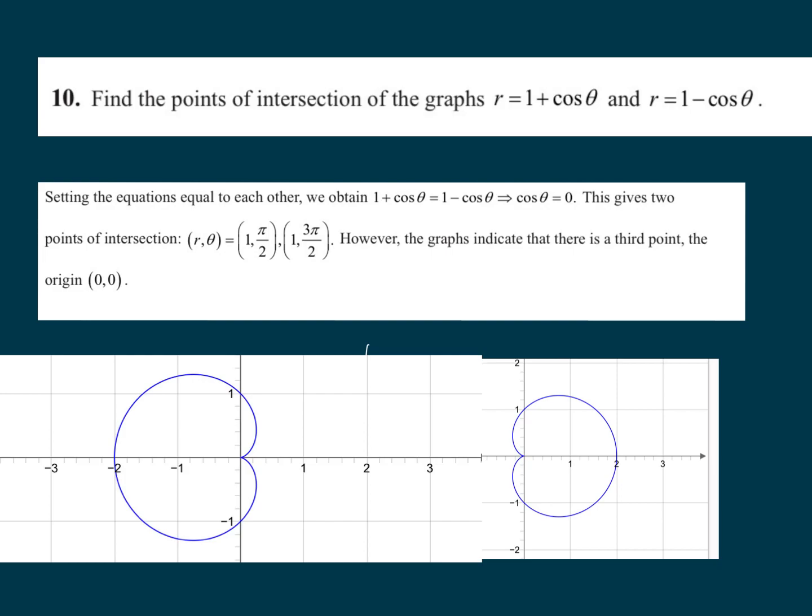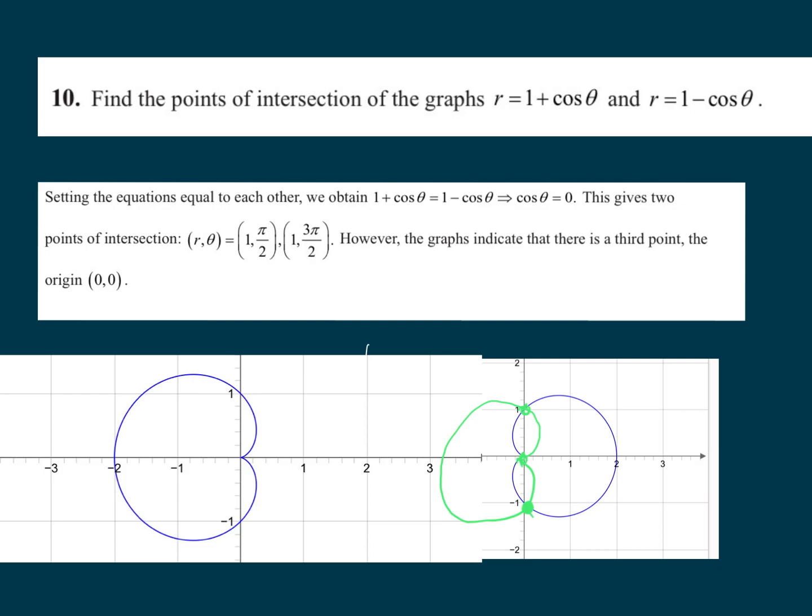They have the same size, and there is a point of intersection. These are the two points of intersection, this one and this one. And they have another point of intersection here. They have, well, three points of intersection, no?